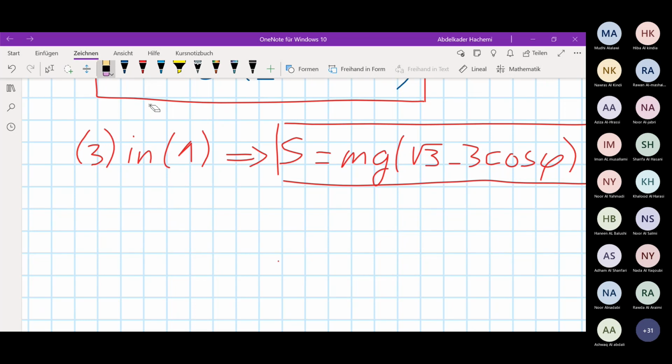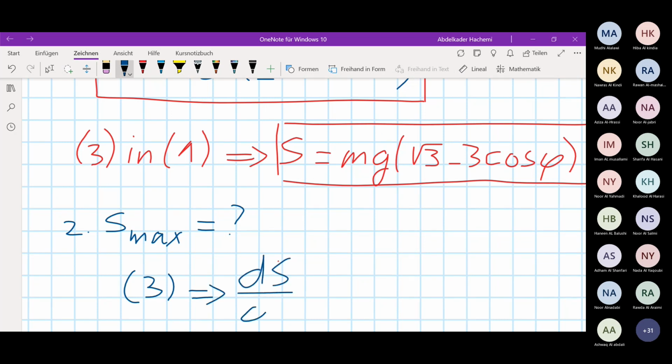Then for the second question, let's call it S max, or extreme. In this case, from equation 3, we make only dS over d phi equal to 0.